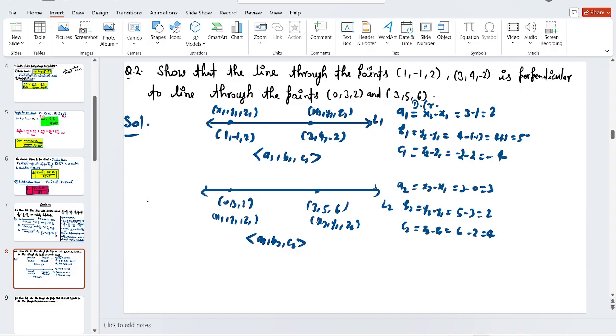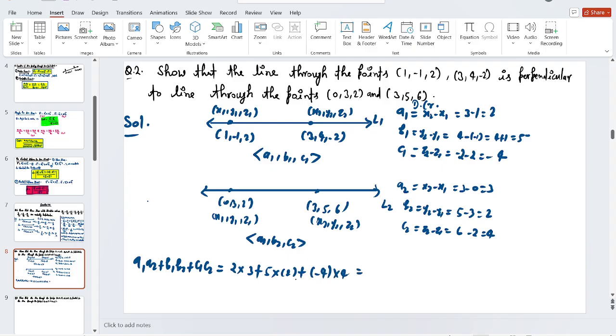So we need to prove that these lines are perpendicular. So we need to prove that a1 a2 plus b1 b2 plus c1 c2 equal to 0. So solve it. a1 is 2 and a2 is 3, plus b1 is 5 and b2 is 2, plus c1 is minus 4 and c2 is 4.